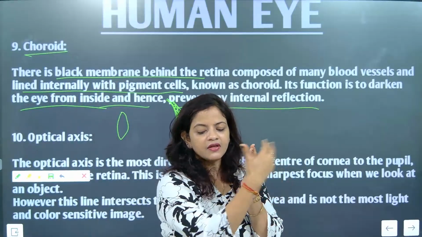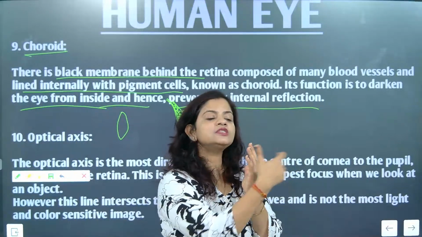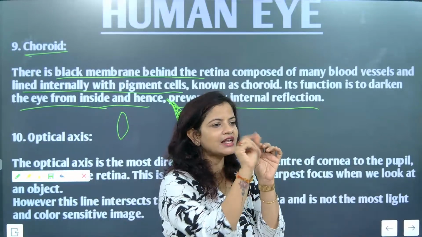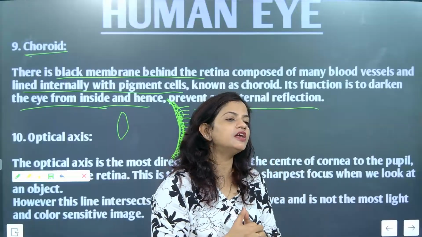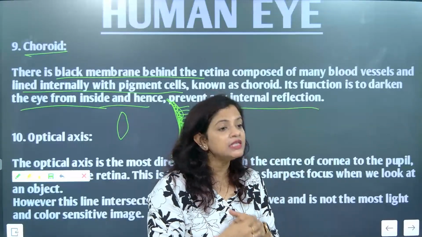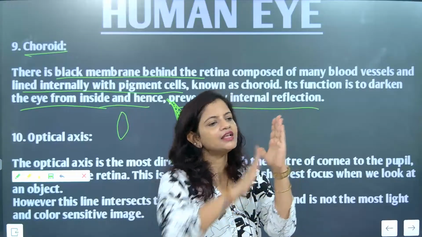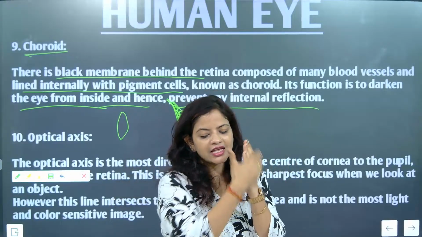I am telling, this is enriched with many blood vessels. Understood? In between these blood vessels, one pigment is there. This pigment is what color? Black color. Why is this black color membrane needed? Back of the retina is having what?